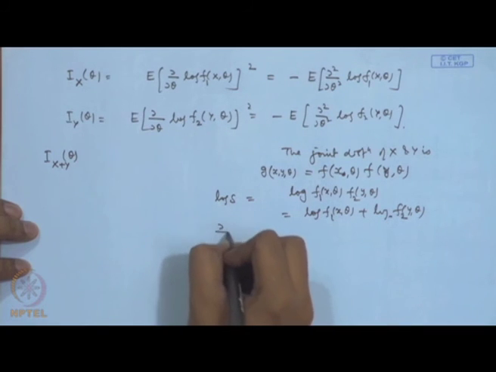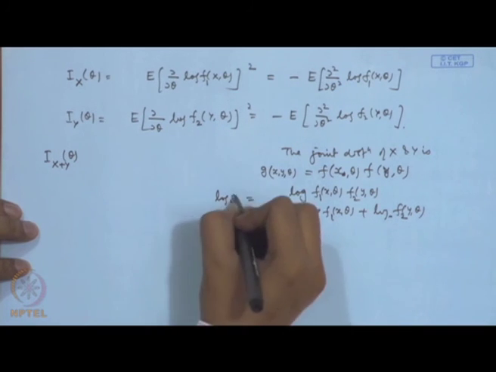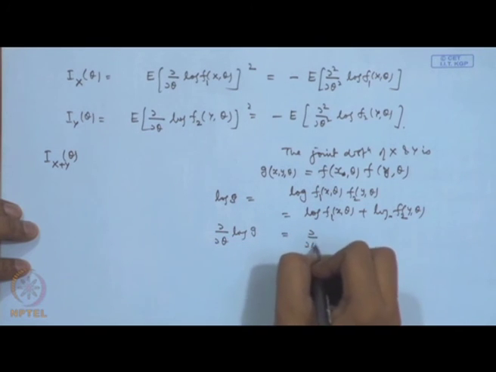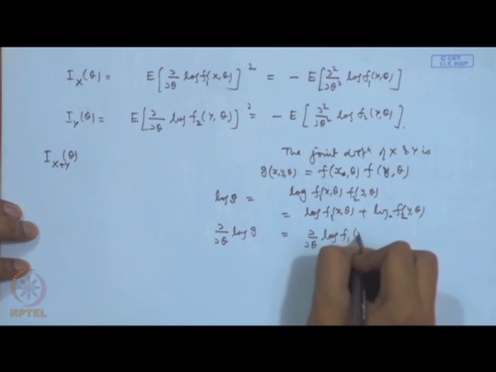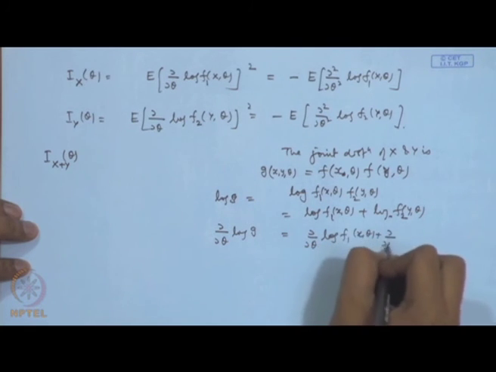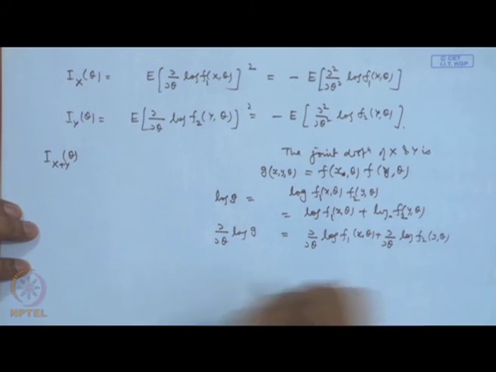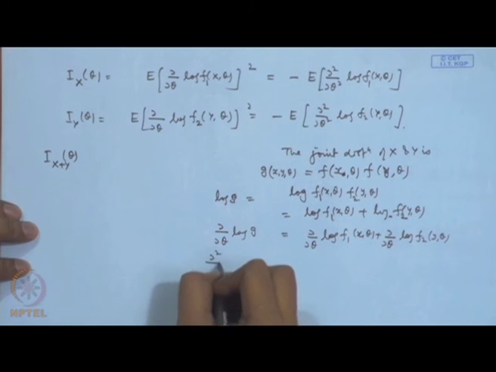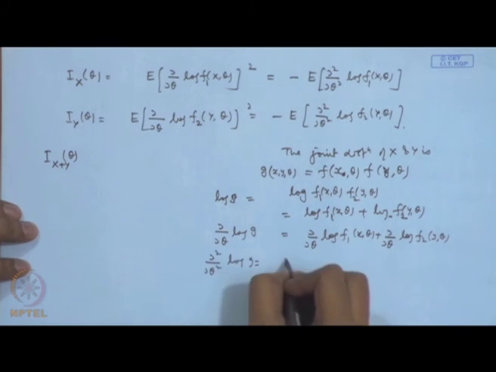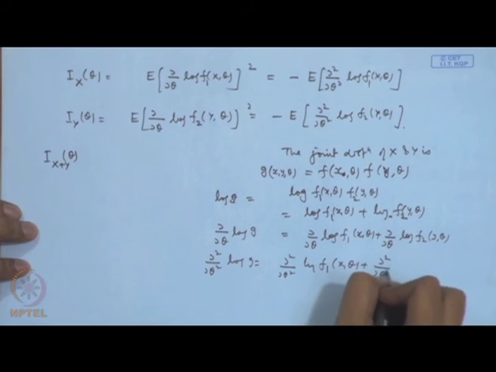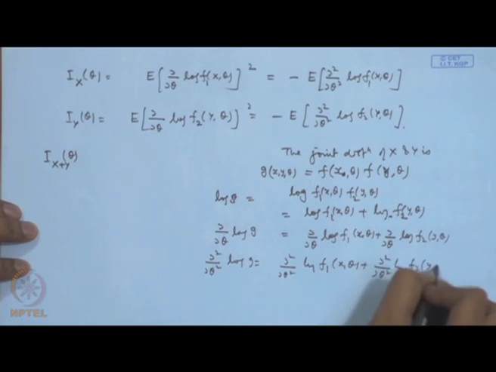So, if I consider ∂/∂θ of log g, that is equal to ∂/∂θ of log f1 plus ∂/∂θ of log f2. If I consider the second-order derivative, ∂²/∂θ² of log g, that is equal to ∂²/∂θ² of log f1 plus ∂²/∂θ² of log f2.